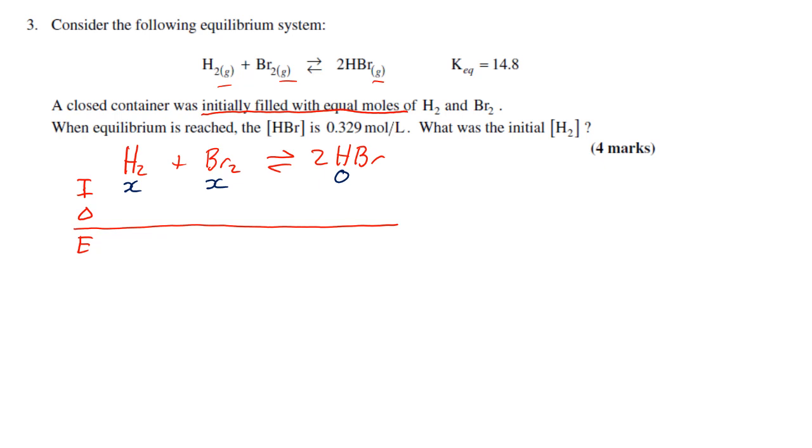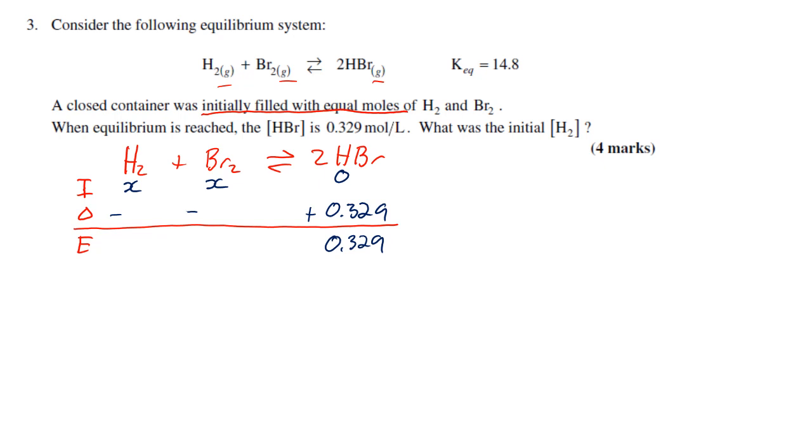It says at equilibrium, the concentration of HBr is 0.329. Okay, that means it had to increase by 0.329. That means these ones decreased by half the amount.